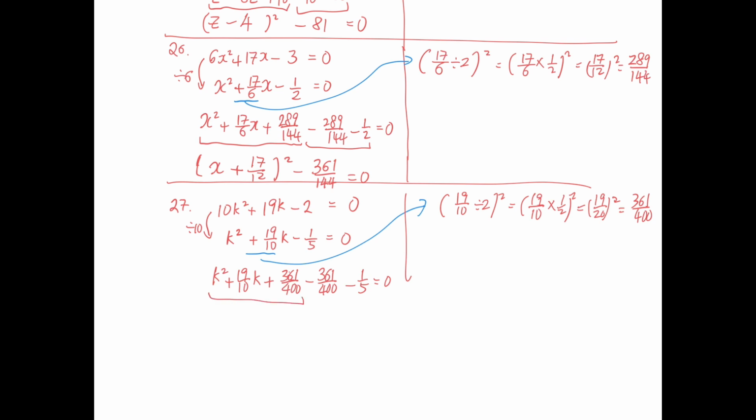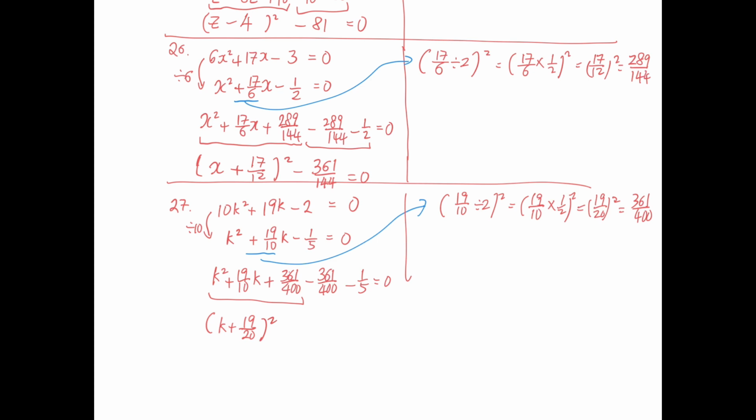So for the first three terms, we factorize it. Okay, so remember how we factorize. We take this coefficient, we divide by 2, we get 19 over 20. So 19 over 20, then we square. Okay, so for the last two terms, we press calculator.